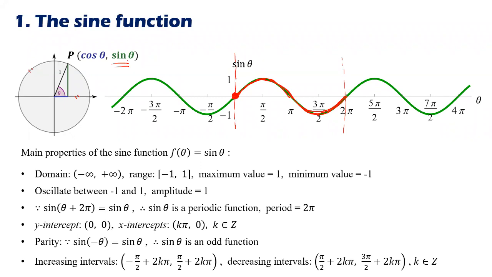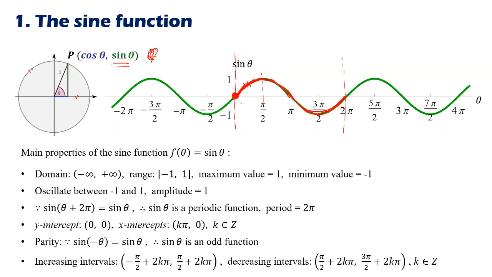Because according to the definition, sine theta is just y over r. R is 1, so the y coordinate here is sine theta. So as theta goes from 0 to 1/2 pi, the y coordinate is going up from 0 to 1, right? So this corresponds to the behavior of this section.